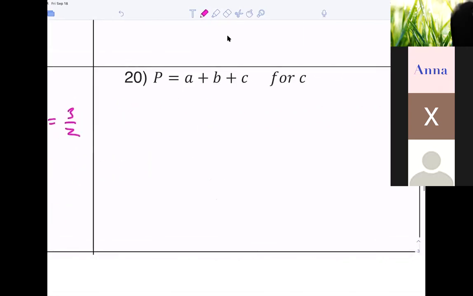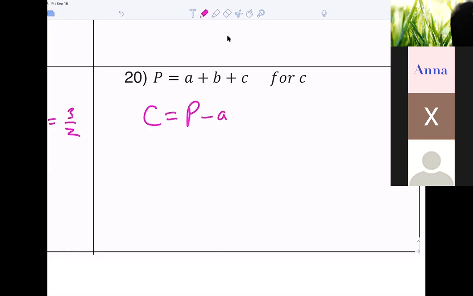All right, 20. You're up. Solve for C. C equals what? Yes, there we go. All right, we just got to learn the alphabet and we'll be in good shape. P what? Ooh, close.